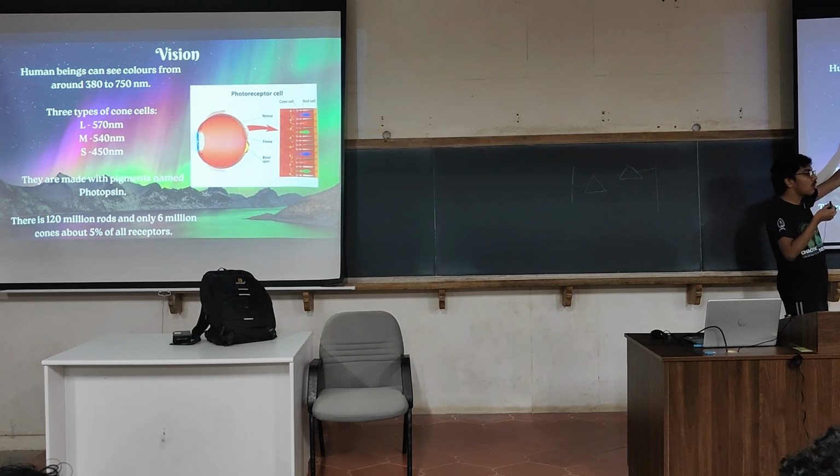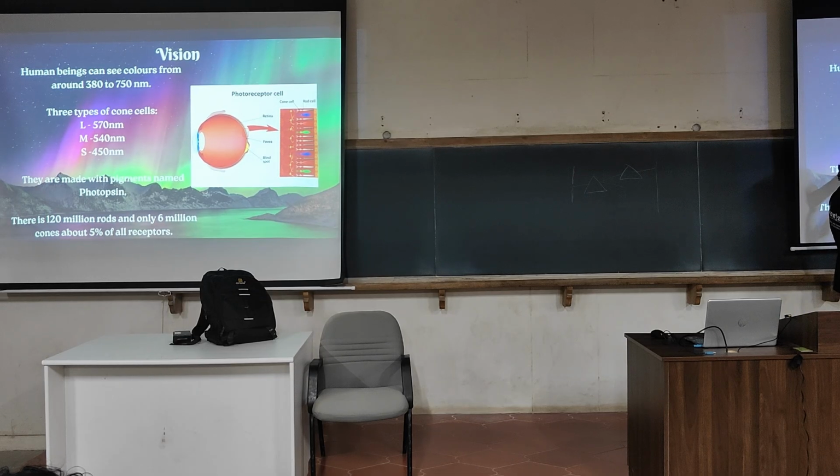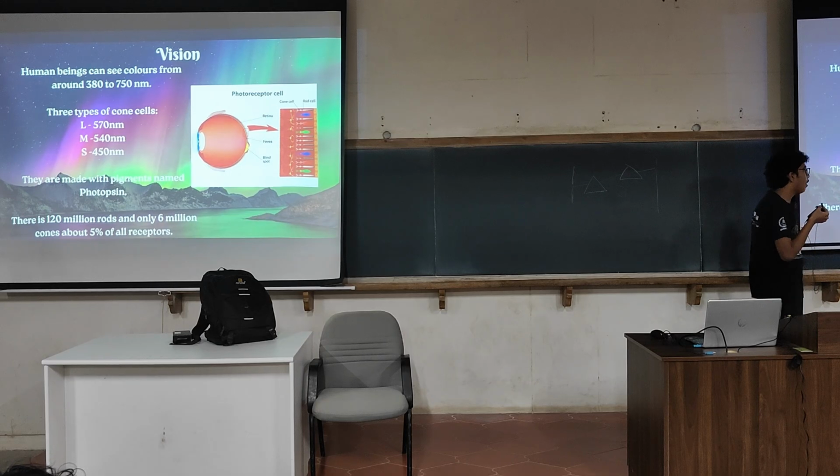L corresponds to the longer wavelength, M to the medium wavelength, and S to the short wavelength. L cones have their maximum excitation at 570 nanometers, M cones at 540 and S cones at 450 nanometers. All cones are made of a special pigment called photopsin which helps them get excited.